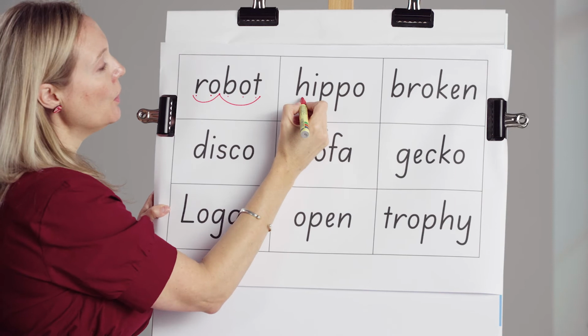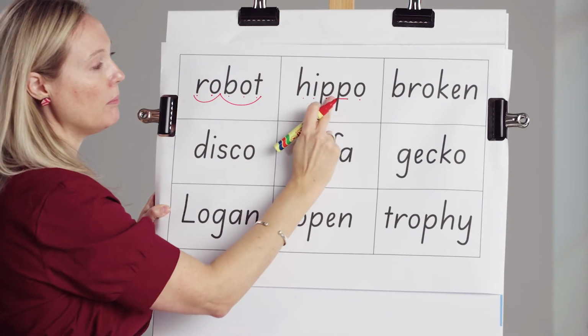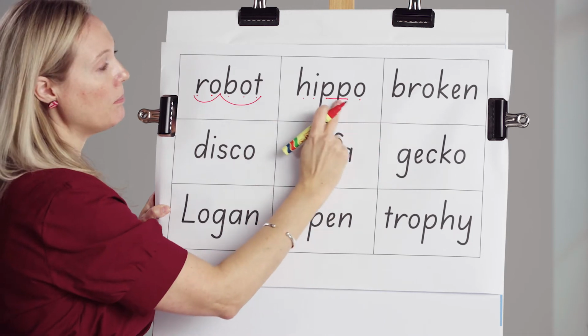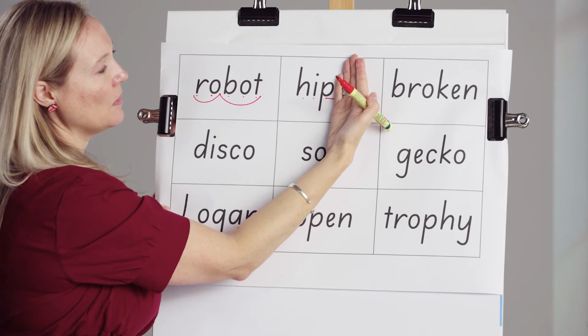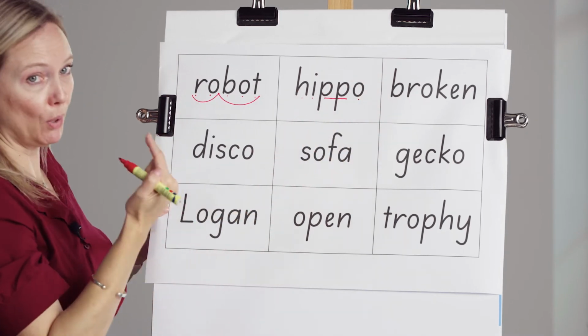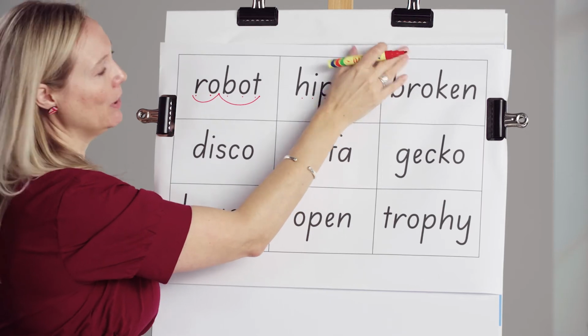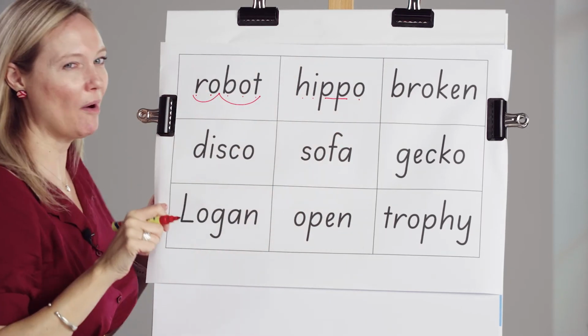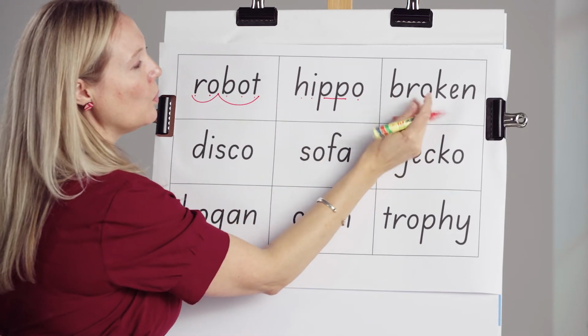Next one. Hippo. This is a little bit tricky, this one. When we say it, we say hippo, but when we write it in syllables, we write it hip-po. Don't worry, your teacher will explain that one. Next one. Two vowels.